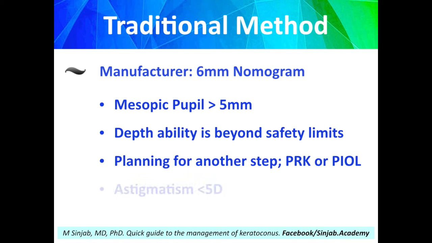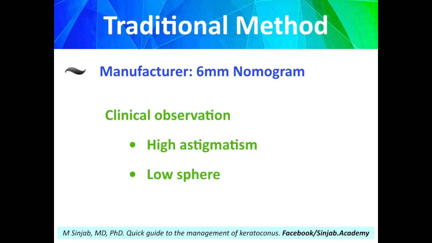But the manufacturer recommends the 6 mm type when the astigmatism is less than 5 diopters, and this is not correct. Why? Depending on clinical observation and also from my experience, the 6 mm type is very beneficial when the sphere is low and the astigmatism is high.